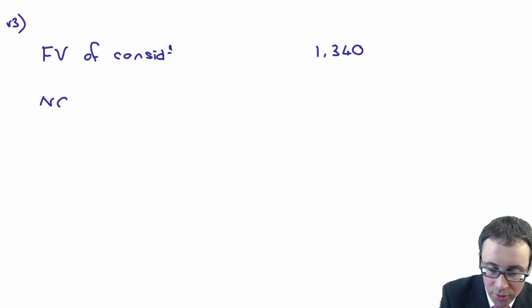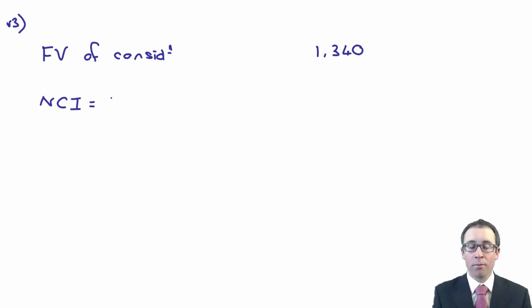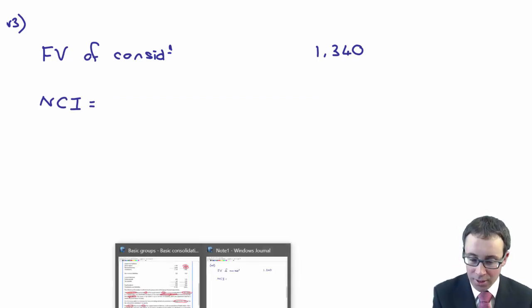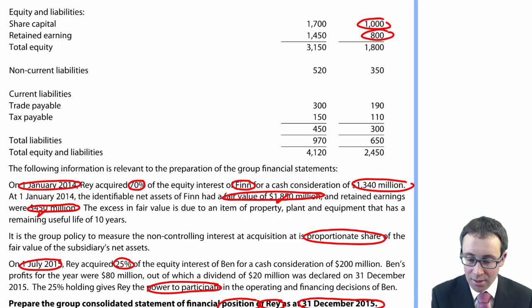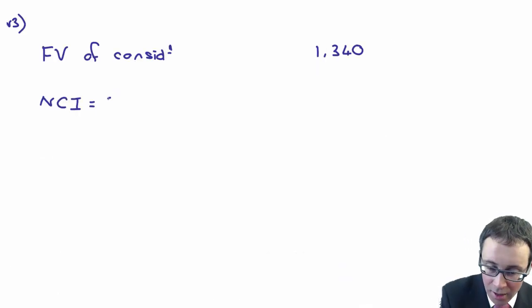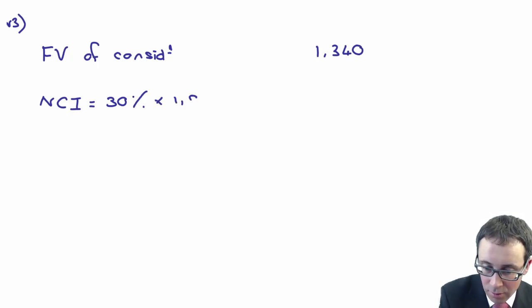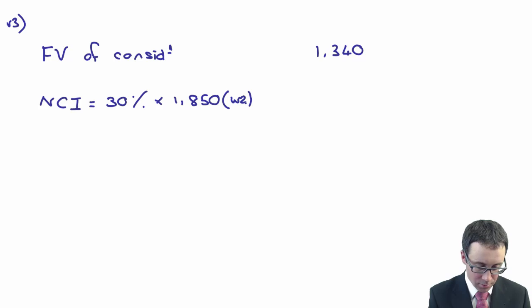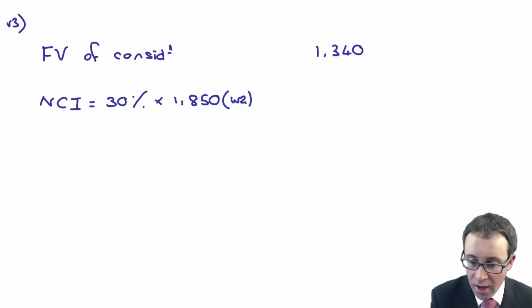The non-controlling interest at acquisition. Remember, this was on the proportionate share of net assets, wasn't it? So we own 70. So the NCI own 30% of those net assets at the date of acquisition. I think the net assets at acquisition from working 2 were there as 1,850, weren't they?